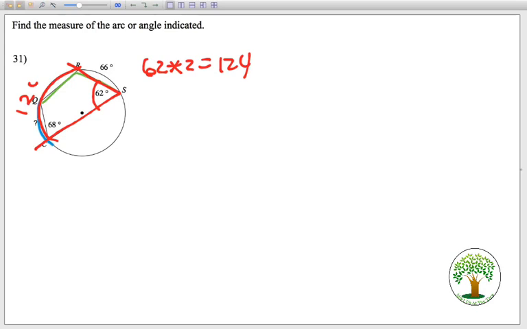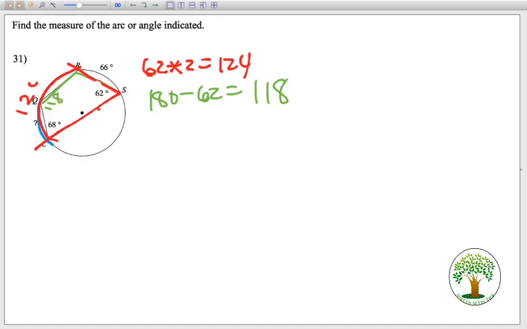We know that these two are supplementary. So if I take 180 minus 62, we get 118. So this part is 118.